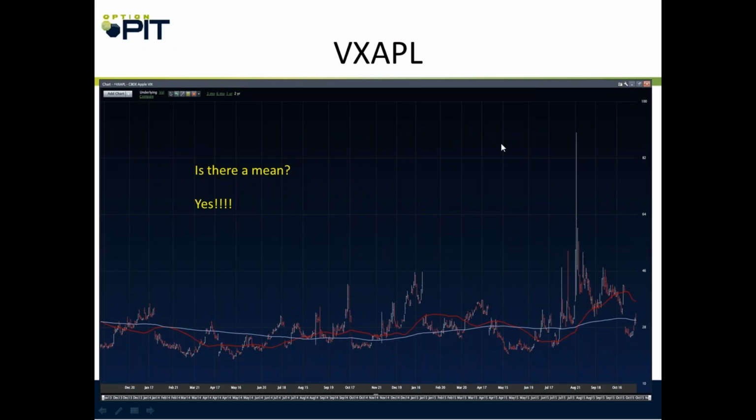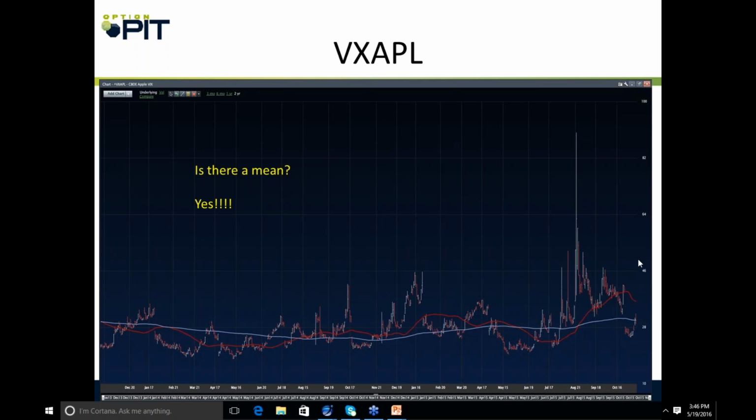Now let's look at VXAPL. Now what is VXAPL? All right. VXAPL is the VIX of Apple. So it is a measure of implied volatility. And you tell me, take a look at that gray line. That gray line is the 200-day moving average.